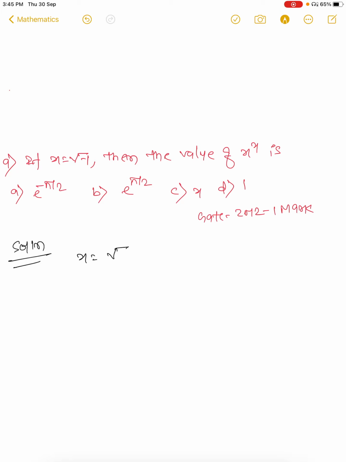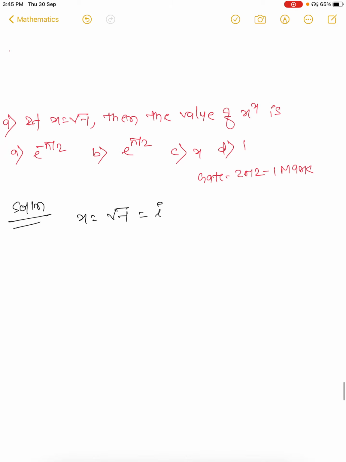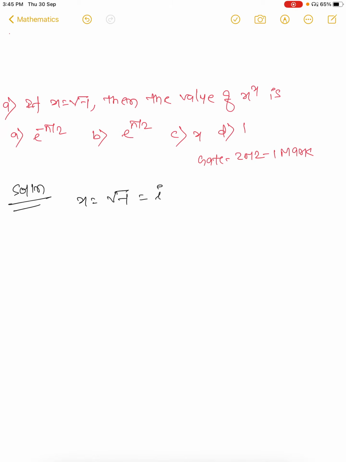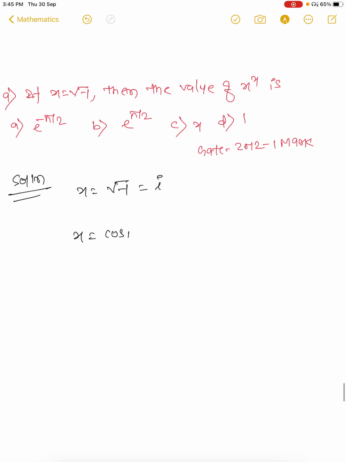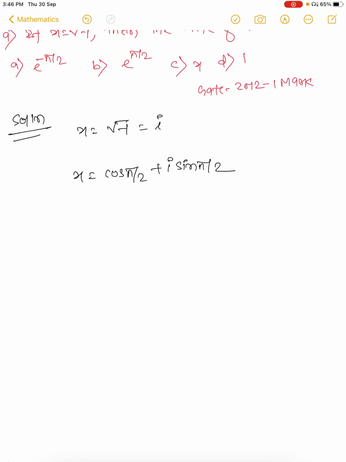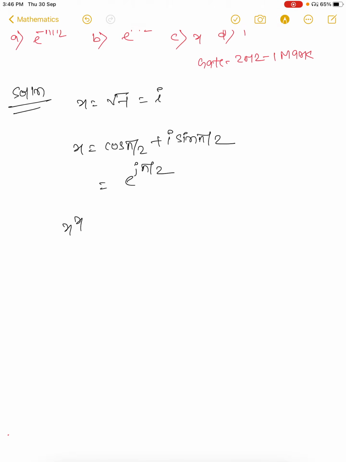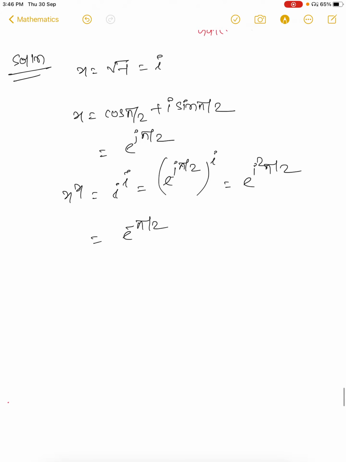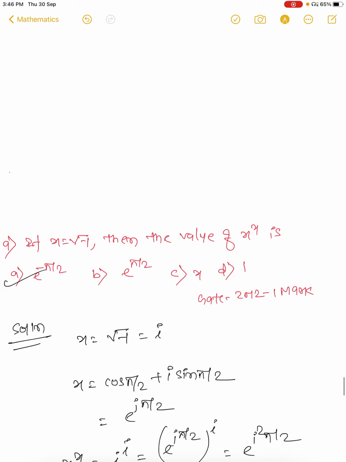Here x is equal to i, a complex number, so we use polar form. x = cos(π/2) + i sin(π/2) = e^(iπ/2). Now x^x means i^i, which is (e^(iπ/2))^i. Multiplying the powers gives e^(i²π/2), which is e^(-π/2). That is the right answer.